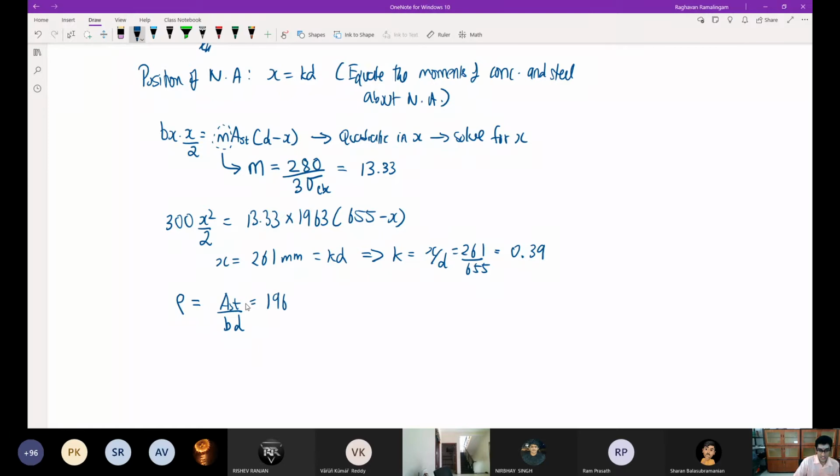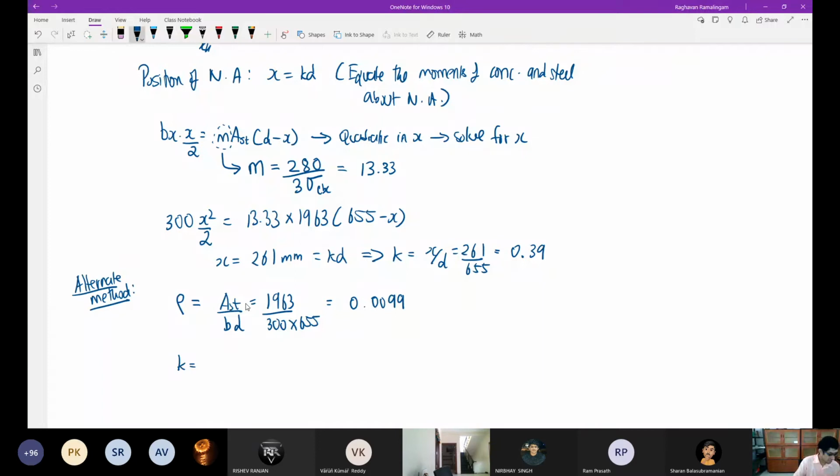So 1963, B is 300, d is 655. What is this number? 0.0099.